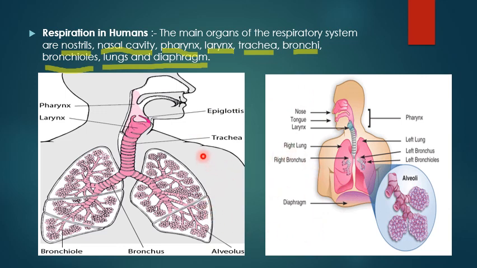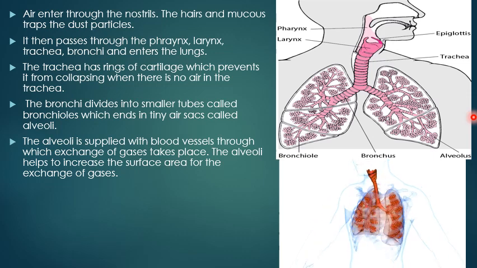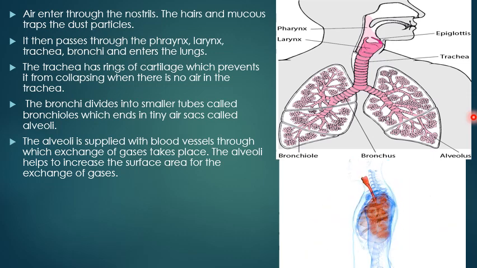So let us move on to the next slide now. Now let us discuss a very important part, that is what we call the nose. Humans have exterior nostrils which are divided by a framework of cartilaginous structure called the septum. This is a structure that separates the right nostril from the left nostril. So we have two holes in our nose, right?